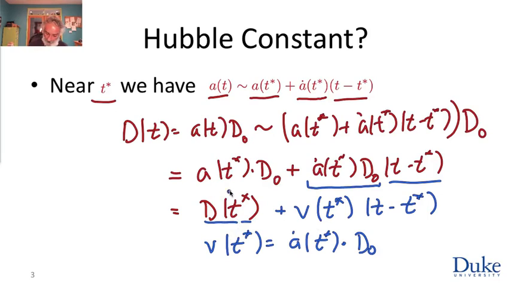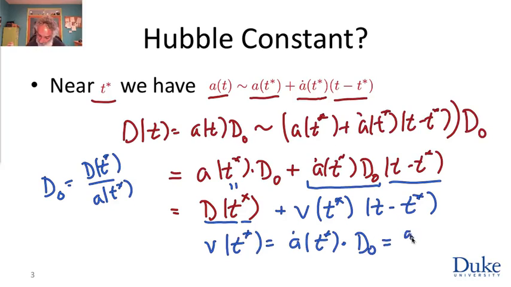Well, remember that d of t star is equal to a of t star times d0, or d0 is d of any time, in particular t star, divided by a of t star. So plugging that into here, we find that the recessional velocity at time t star is given by a dot of t star times d0 divided by a of t star.